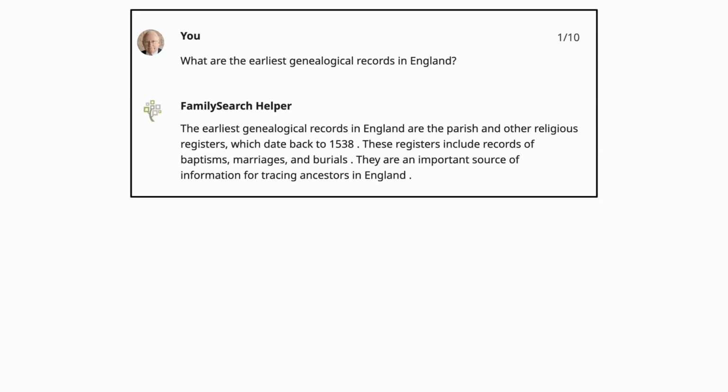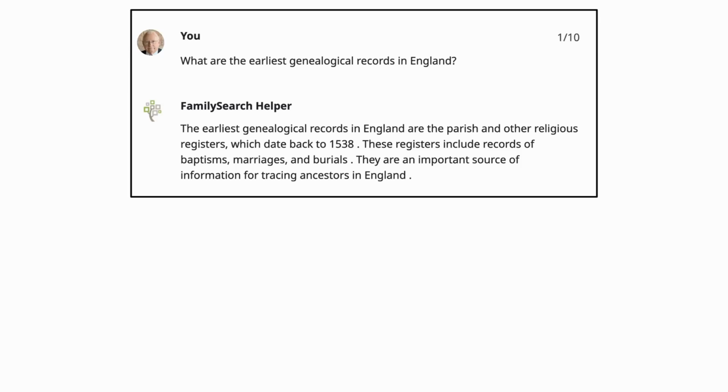So I asked that question, and the FamilySearch helper, which they're calling a helper instead of a chatbot, says the earliest records were parish records, which date back to 1538. Now, 1538 is a crucial date in the history of records in England, because that's when Henry VIII split off the Church of England from the Catholic Church, and then simultaneously ordered the parishes to start keeping christening, marriage, and burial records.